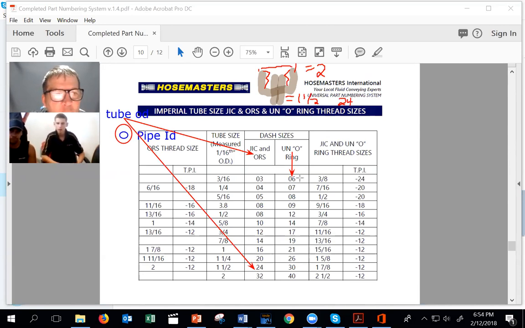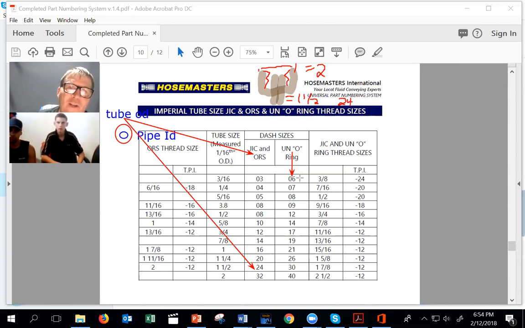Our whole business is about anchoring and sealing. So when you're dealing with threads, the only question is, is it anchoring, is it sealing, is it tube, is it pipe, or is it a stud? That's what confuses people. When you watch this again, it'll be clearer in your mind.